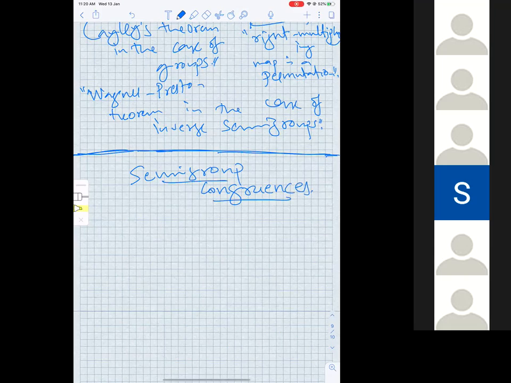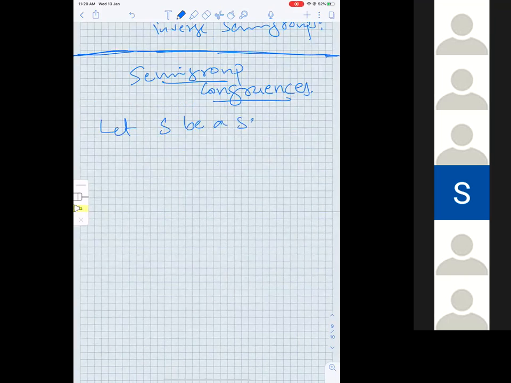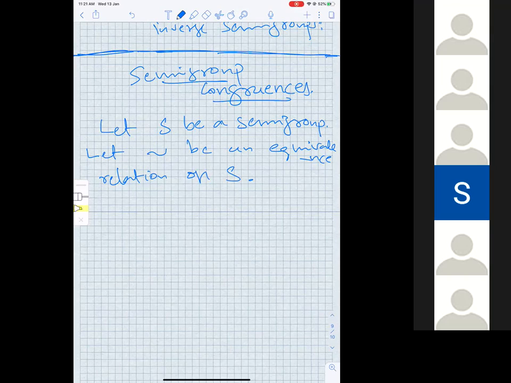Let S be a semigroup, and let tilde be an equivalence relation on S. So I have a semigroup S, and tilde is an equivalence relation on the set of elements of S.